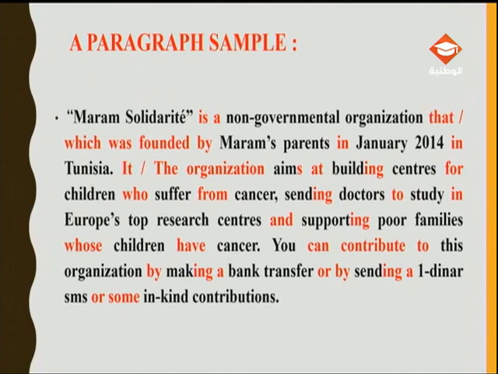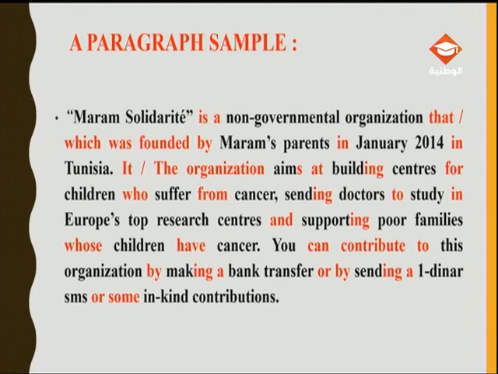The second aim, sending doctors to study in Europe's top research centers. That's the second. And now we have reached the last aim. Therefore, we need to use the linker and: supporting poor families. What about these families? Families whose children have cancer or suffer from cancer.